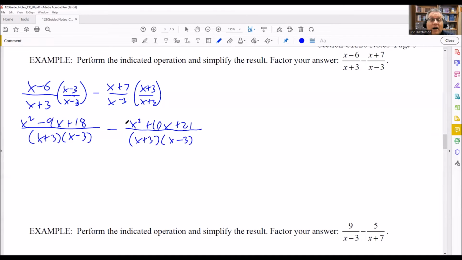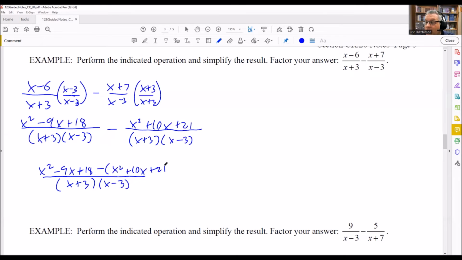I'm ready to combine these together as one fraction because I've got common denominators now. So I'll put x plus 3, x minus 3 here. On top, I have this quadratic. Now, this other one, the minus, you have to subtract the entire thing.